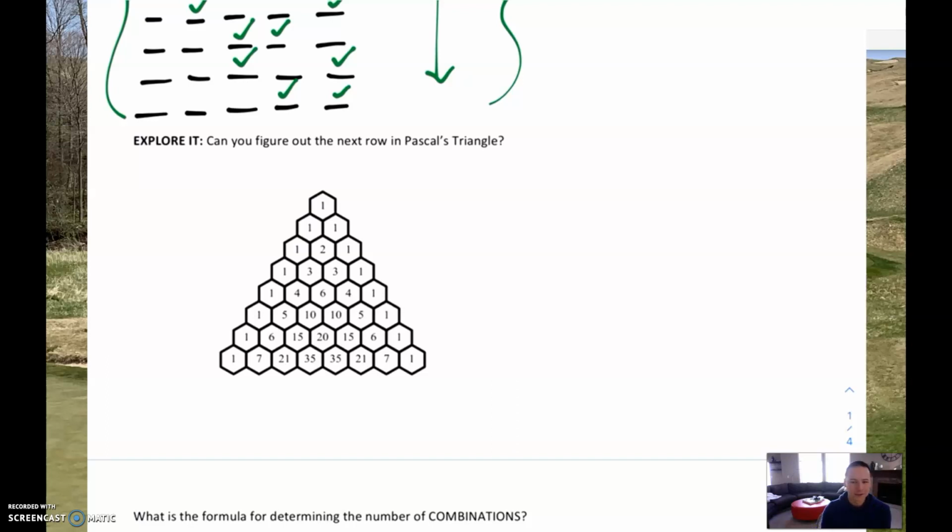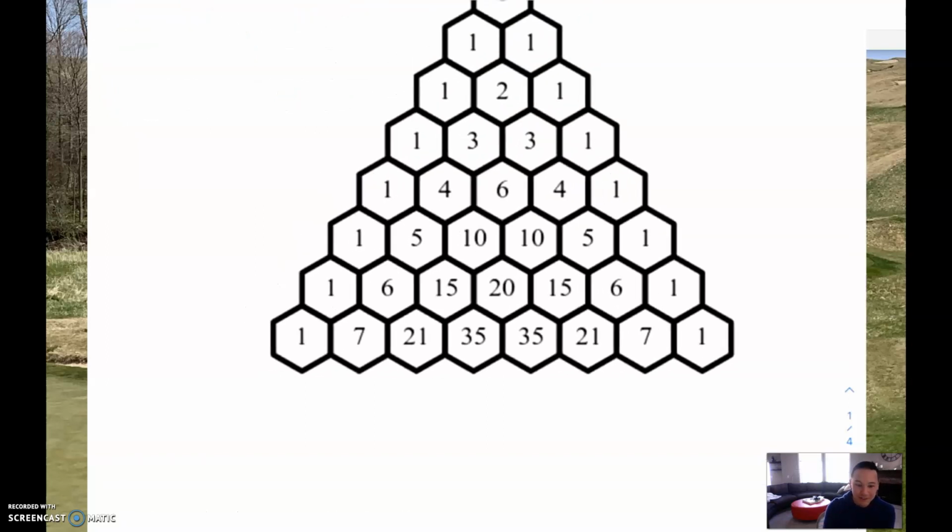All right, were you able to find out all the cool properties of Pascal's triangle? I bet you didn't come close to finding all of them. I'm going to show you a couple of them. Let's just show you how to get the next row. It starts with a 1. If you add any two of these hexagons, 5 plus 10 makes 15. 15 plus 6 makes 21. 4 plus 1 makes 5.